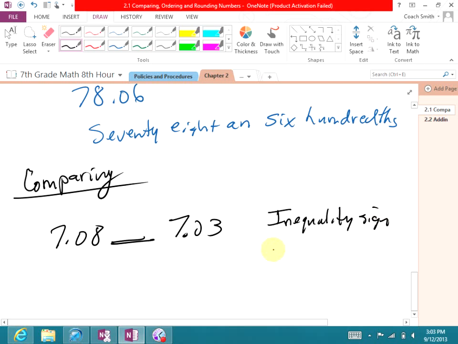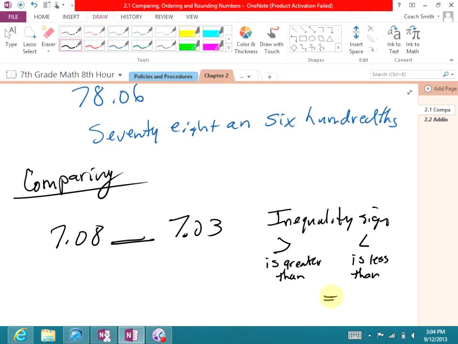Okay, remember we have is greater than, is less than, and obviously equal sign is not an inequality sign. So which sign is going to go in there? Is greater than or is less than?